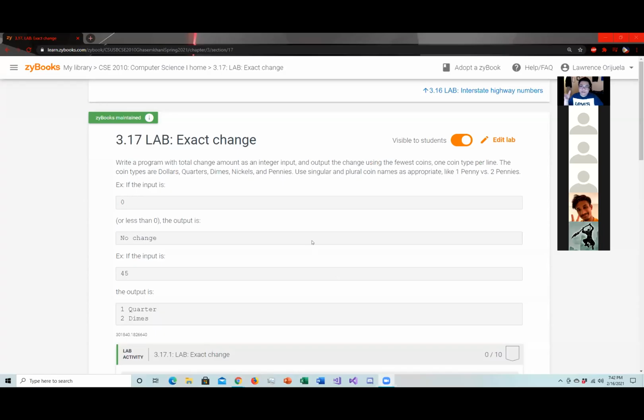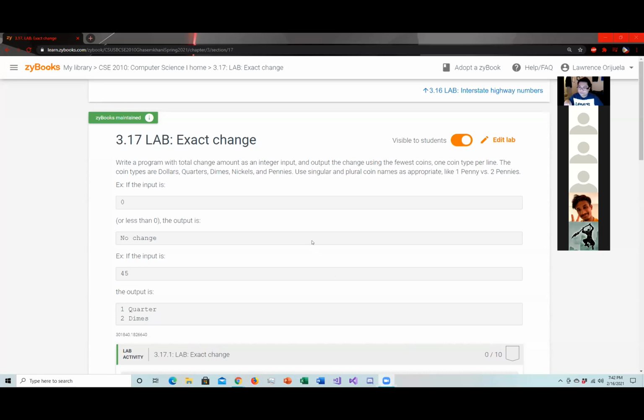I'm guessing everything's in integers. Yeah, it wants us to put it as a whole int with no decimal. So in other words, we just assume that the hundreds are basically dollars, the tens are basically dimes, quarters, and all that.